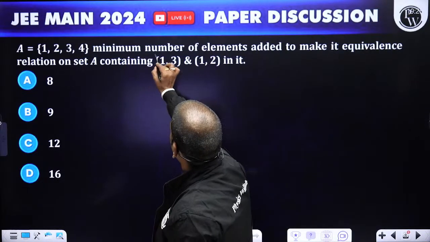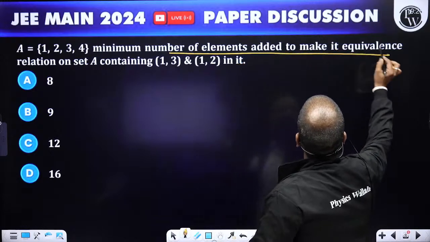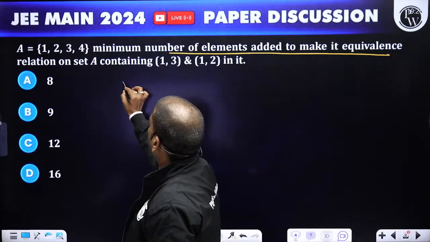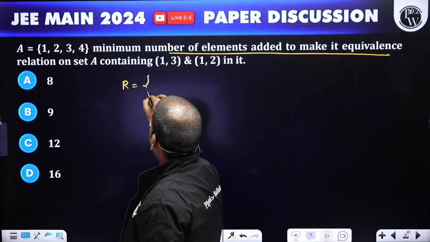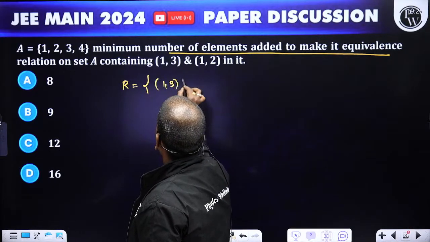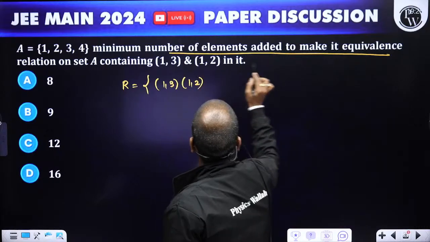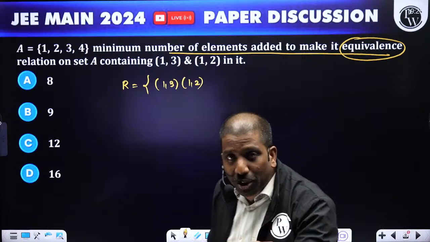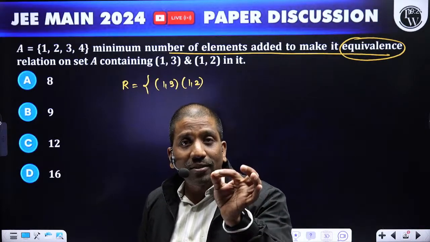See, minimum number of elements to be added to make it an equivalence relation. The relation must contain 1, 3 and 1, 2. But when we are making an equivalence relation, it must first be reflexive.